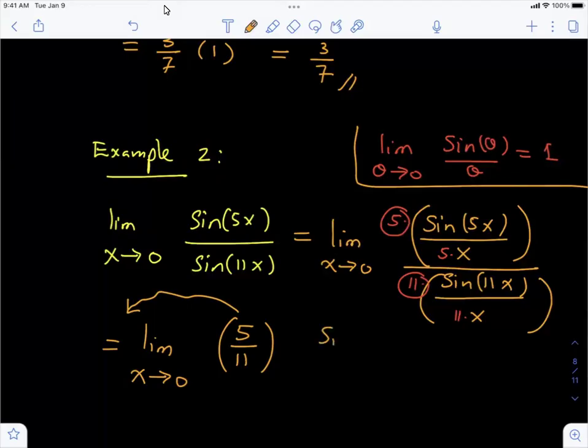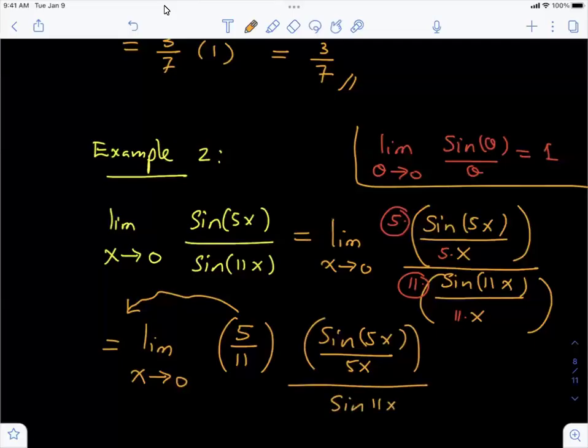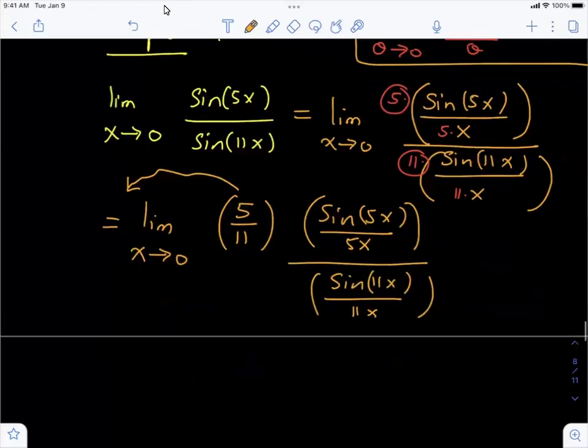And then I'm going to get sine 5x divided by 5x divided by sine 11x divided by 11x. Now this is perfect, because now you can think about when x goes to 0, you do have 5x goes to 0. You have the perfect match with this.